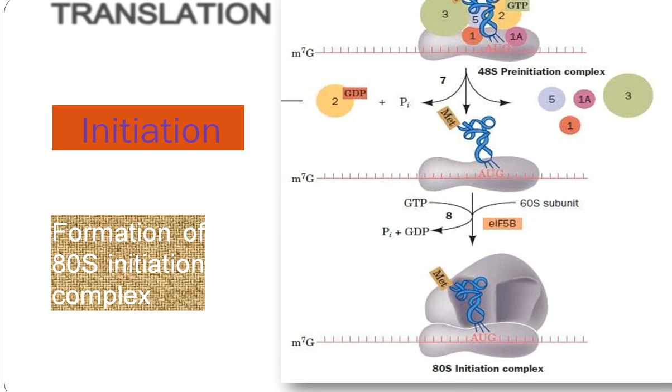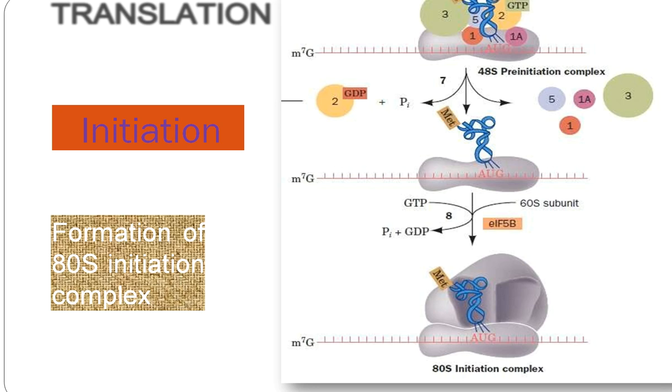Now, the formation of the 80S initiation complex occurs. The eukaryotic initiation factor EIF5B, here you can see, facilitates the binding of the 60S ribosomal subunit to the 48S initiation complex and the 80S initiation complex is formed.